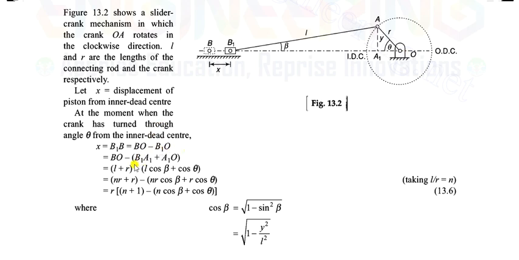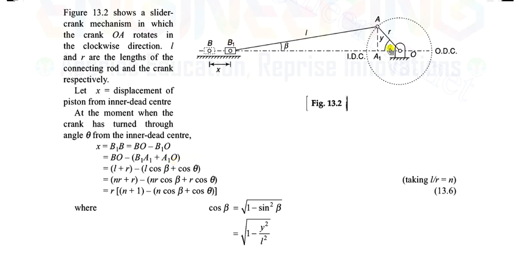Okay, so B1O we can write B1A1 plus A1O. So this A1 is perpendicular drawn from point A to the line which is joining B and O, or the axis of piston motion. So B1A1 plus A1O.